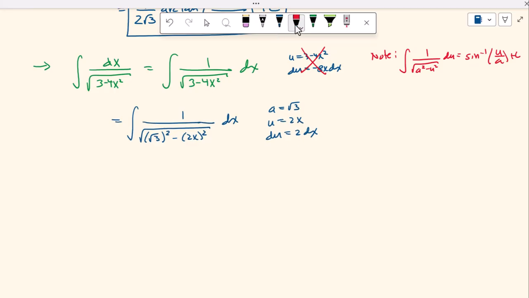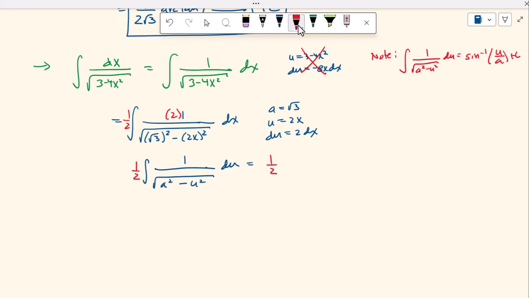So I'm missing the 2 on the inside, compensate with the 1/2 on the outside, and let's see what I have then. I have 1/2 integral 2 dx is du, and then my a squared minus u squared is all there. So this does fit the form.